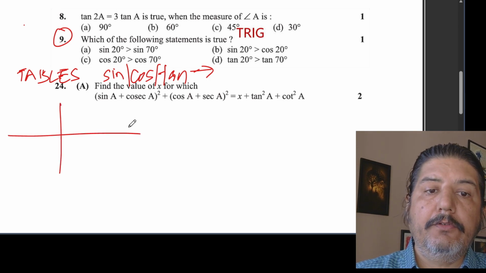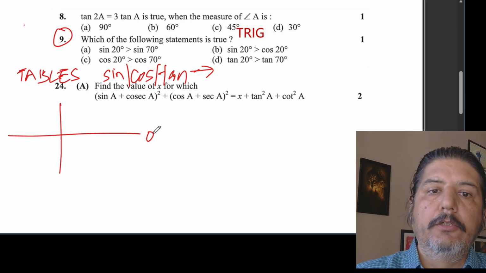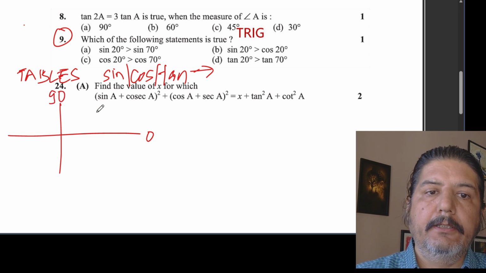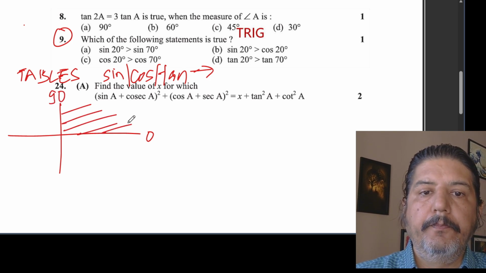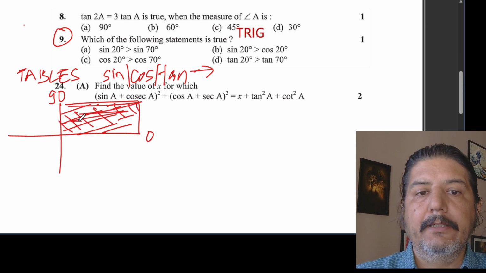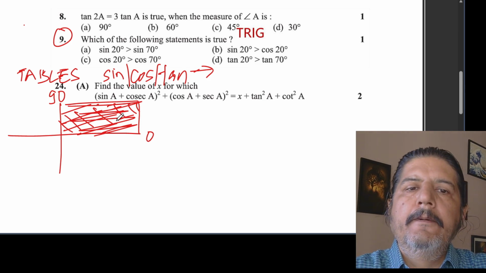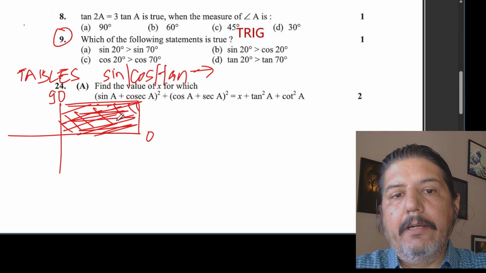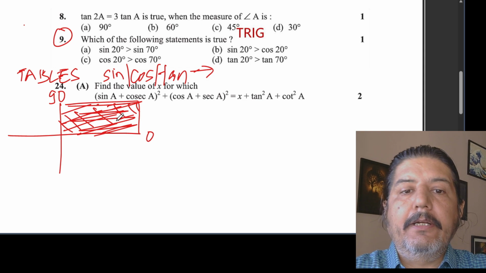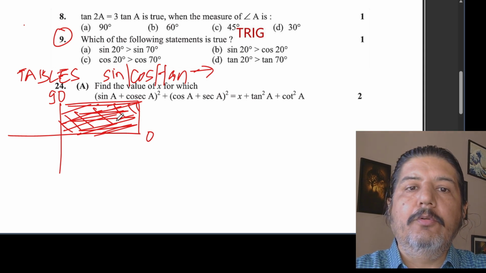There's a second thing which CBSE class 10 students suffer from: most of them think that trigonometry is limited to 0 degree to 90 degree only.